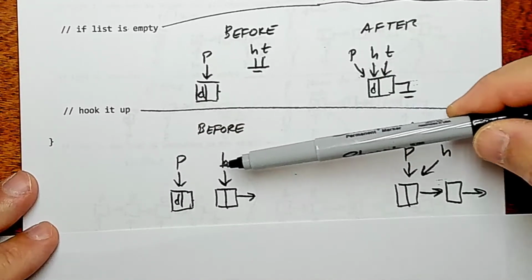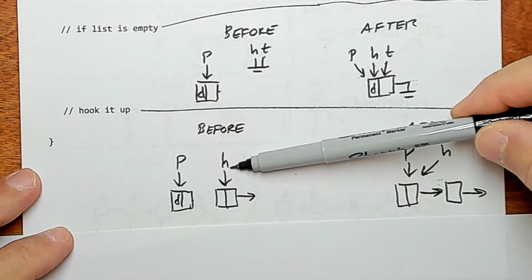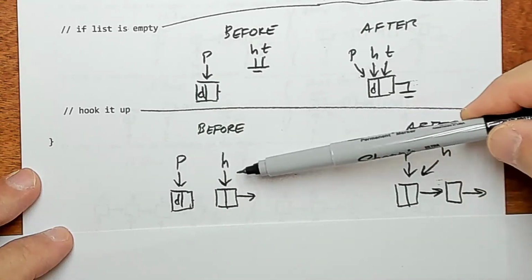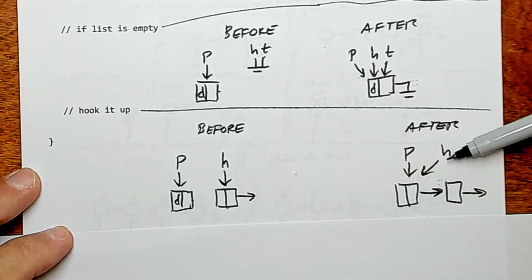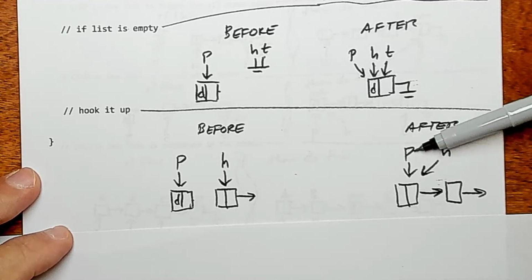So in that case, we've got a head pointer, and we've got a new node that we're trying to hook up to the head because we're appending to the head, which means that we need to move the head pointer back. Okay, so make this head pointer be P.